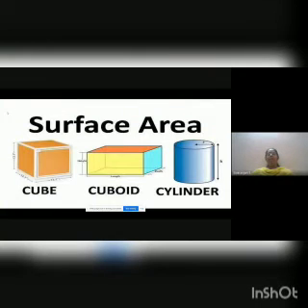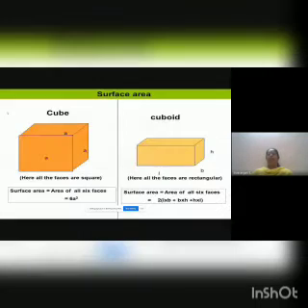Next, till now these are all area and perimeter of the figures you have learned. Now you need to learn the surface area. In your particular chapter, you have the cube, cuboid and cylinder. Surface area is nothing but the area of all the sides completely.